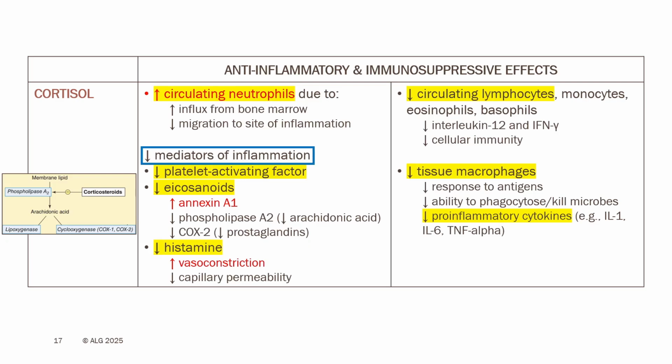Annexin A1 inhibits phospholipase A2, thereby reducing the synthesis of arachidonic acid, the precursor of eicosanoids, such as leukotrienes, thromboxane, and prostaglandins. Annexin A1 also inhibits the expression of COX-2, thereby directly inhibiting the synthesis of prostaglandins. Cortisol suppresses mast cell degranulation and histamine release, causing vasoconstriction and decreased capillary permeability.